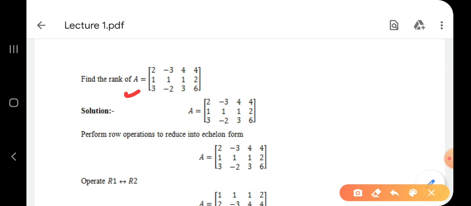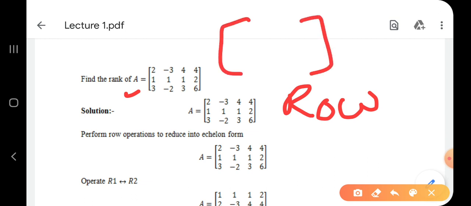Now we have to use row transformations only and reduce this matrix into canonical form. Always keep in mind how to proceed: make the first entry 1. Whatever the number there, make that position 1. Here it is 2, so instead of 2, make it 1. How do I make it 1?